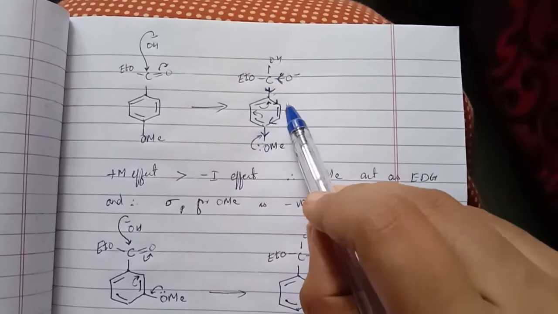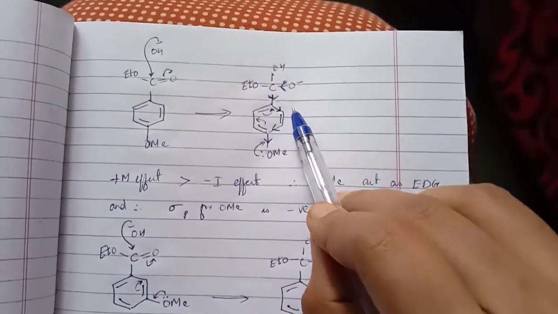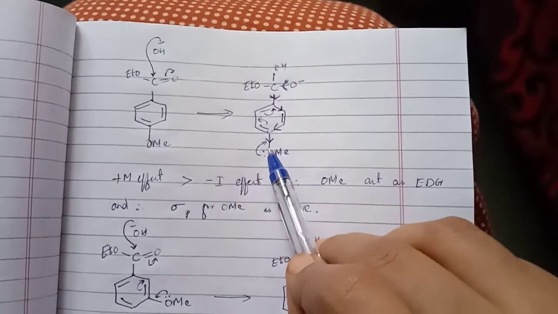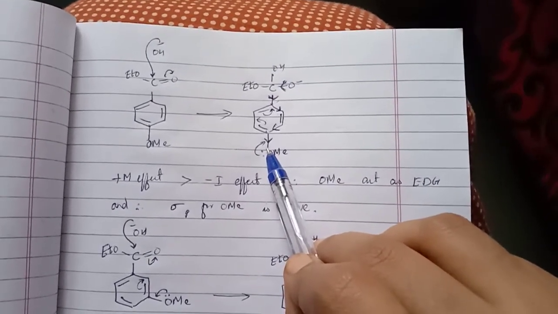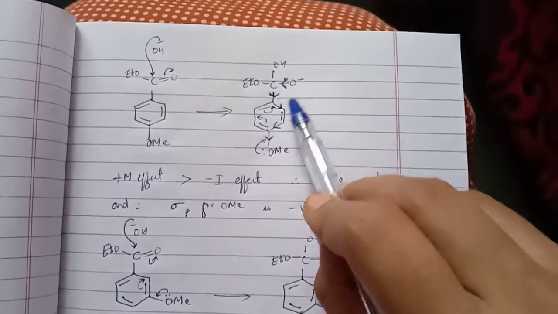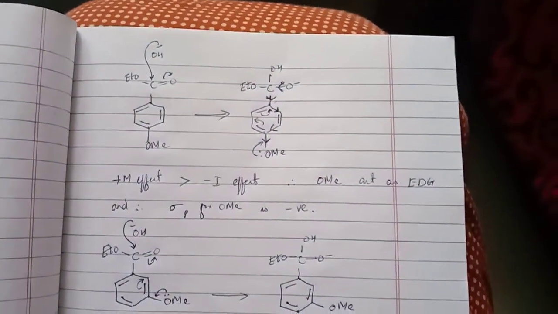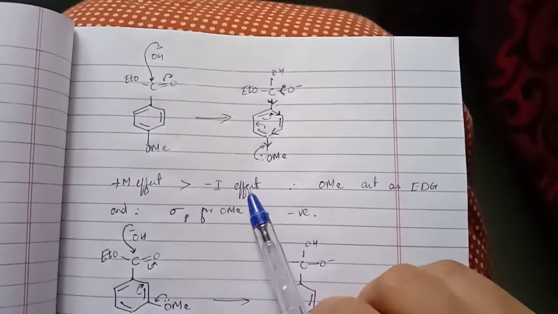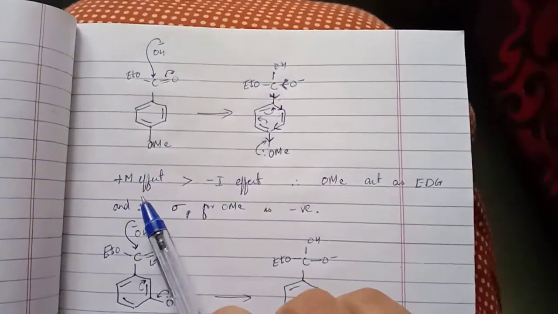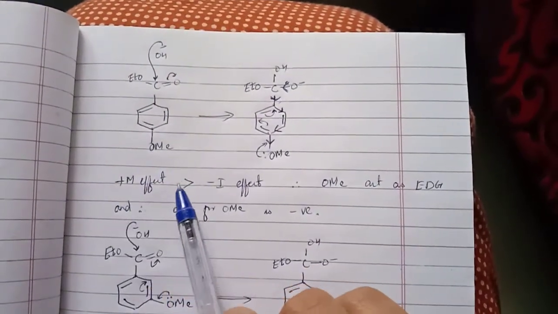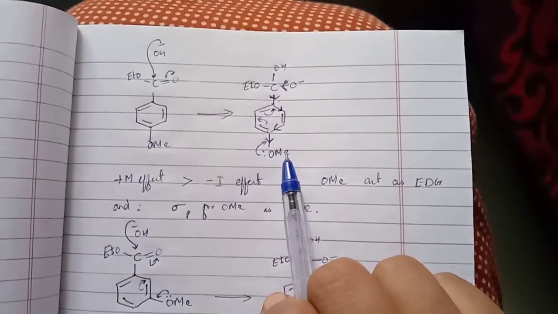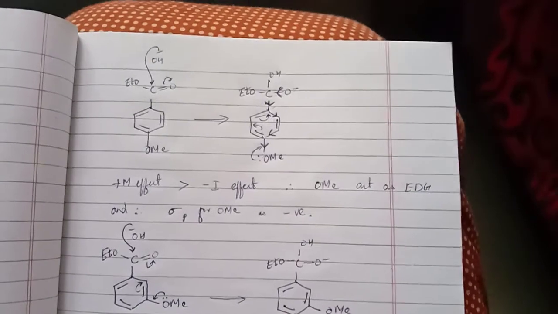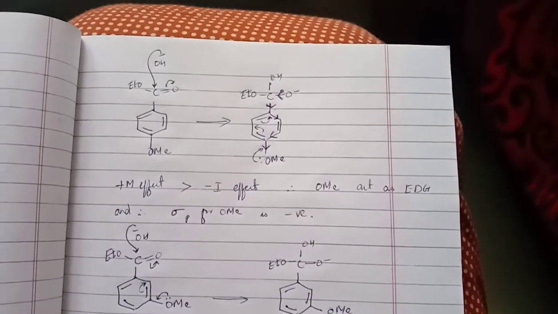If OMe was at the ortho position, then the minus I effect would be more prominent, but it is at the para position, so it is more distant from oxygen. So the inductive effect is less here compared to the resonance effect. So the plus M effect is prominent here. That means OMe at the para position destabilizes the tetrahedral intermediate.